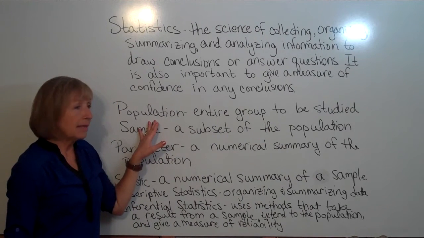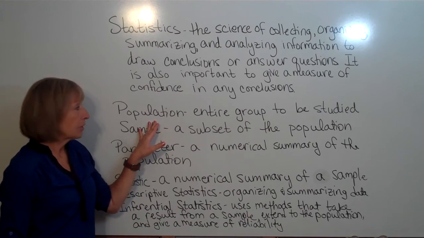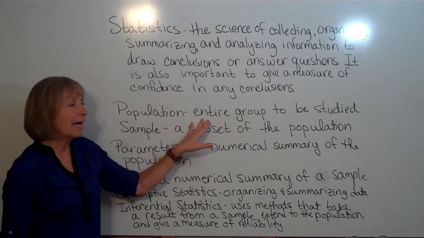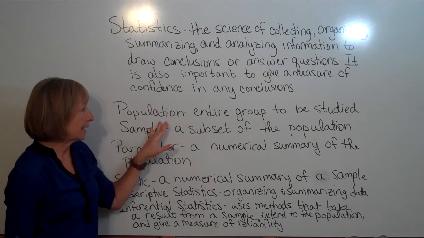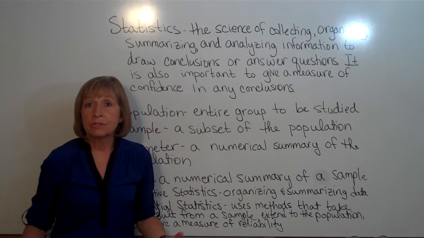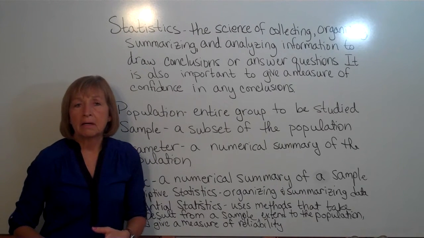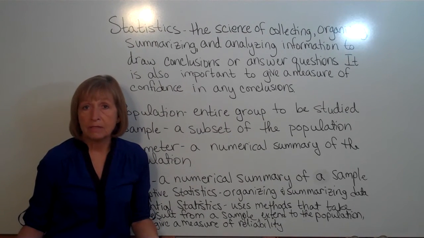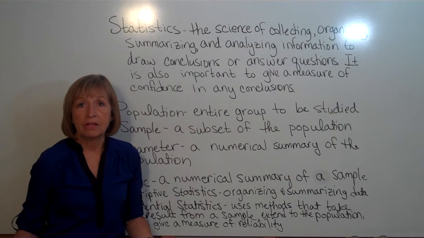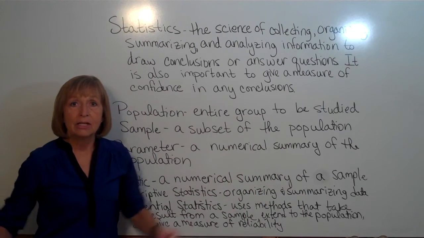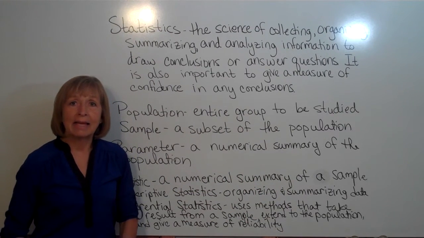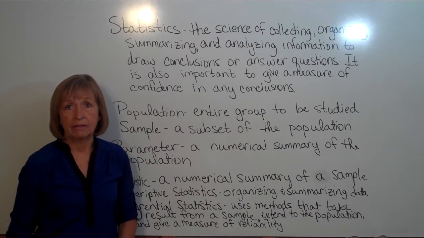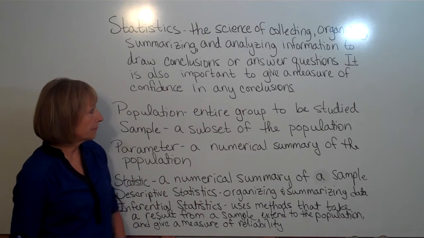And you'll find that later on when working with inferential statistics. Now, the next thing is population. A population is an entire group to be studied. Maybe we're interested in finding the count of the different species of fish that are in a lake. If I'm looking at that, then it would be all the fish in the lake that we're talking about.